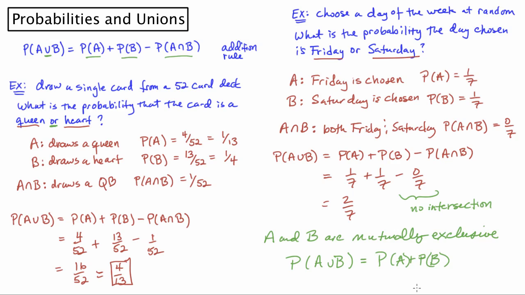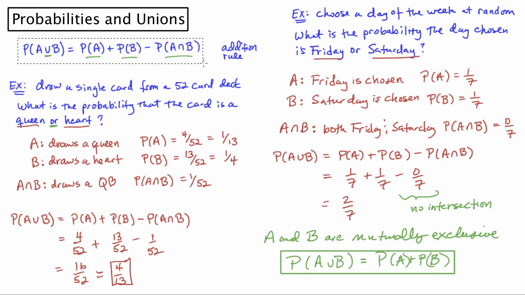So we really have two addition rule formulas here. We have the formula for events that are mutually exclusive, and we also have the formula that we started with, which holds in general.